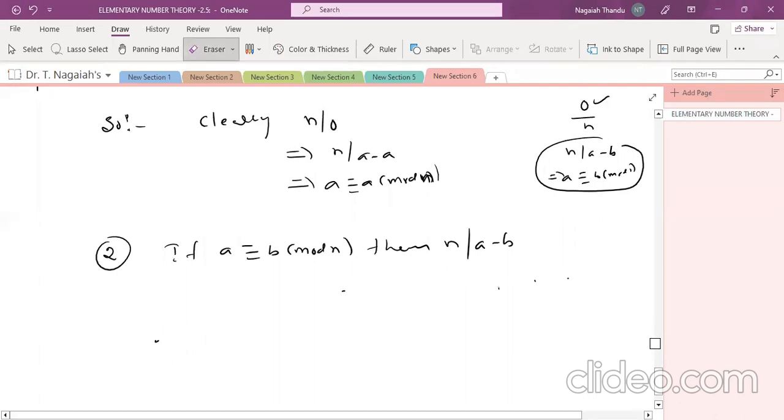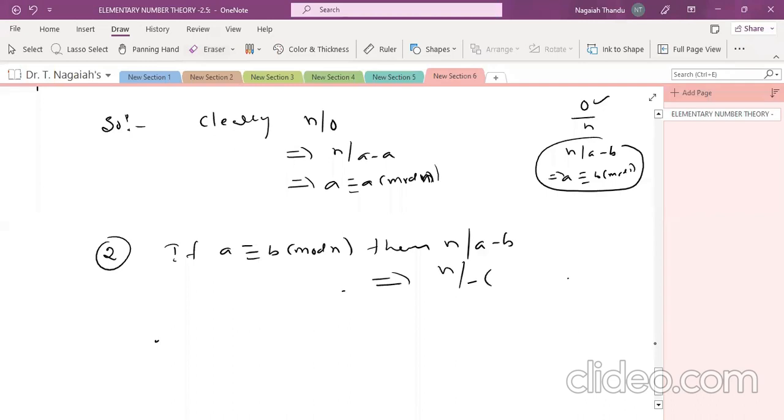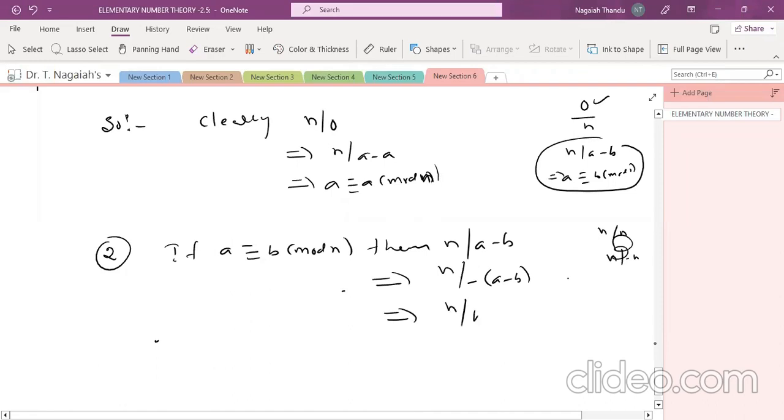n divides A minus B is the same as n divides minus of A minus B. Any number n that divides a number automatically divides its negative too. So when n divides A minus B, it automatically divides minus of A minus B, which is nothing but B minus A. So n divides B minus A means B is congruent to A modulo n.